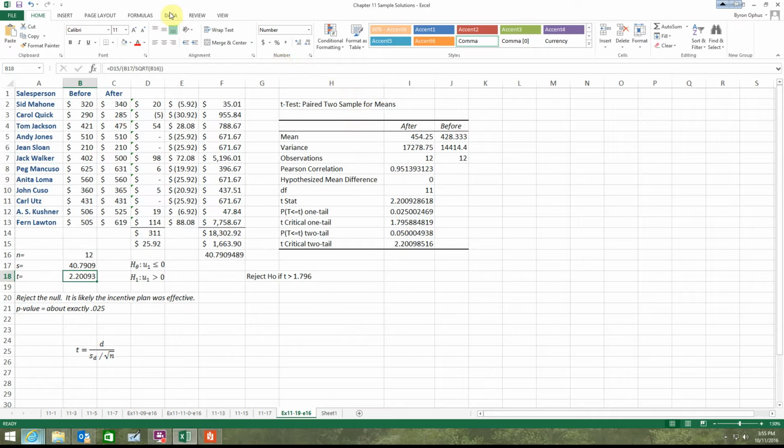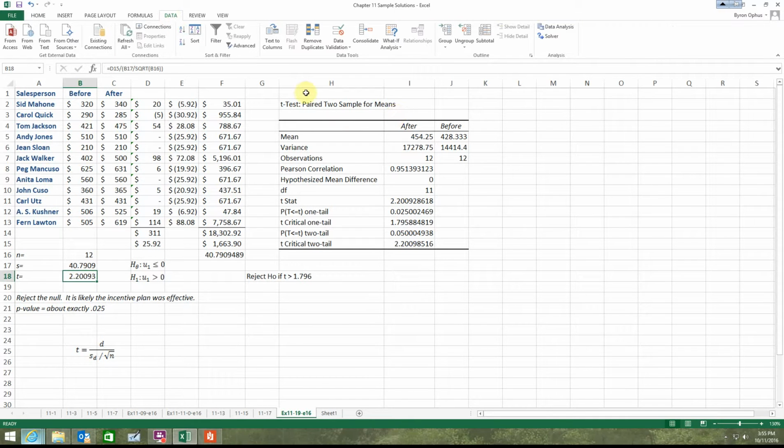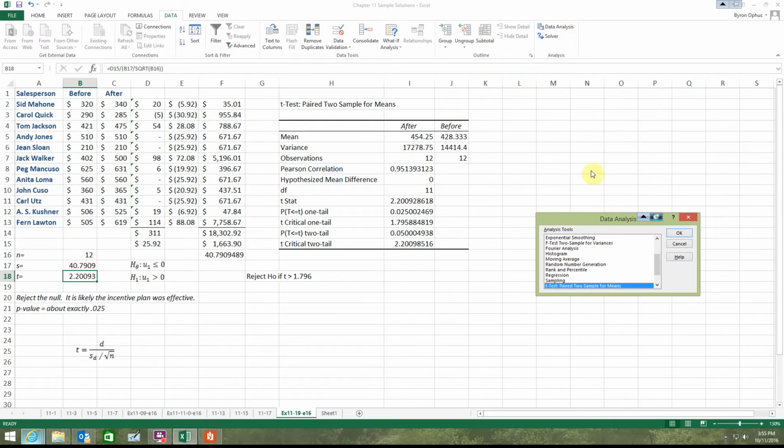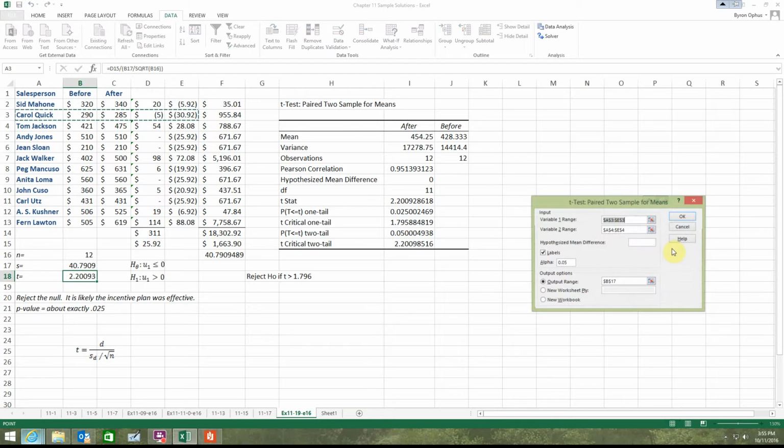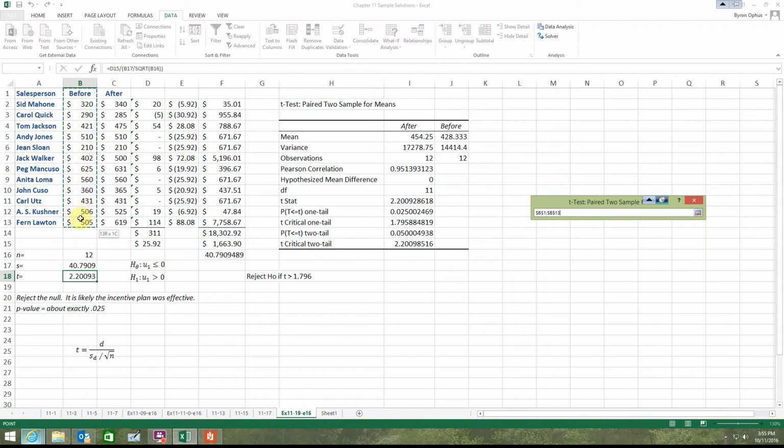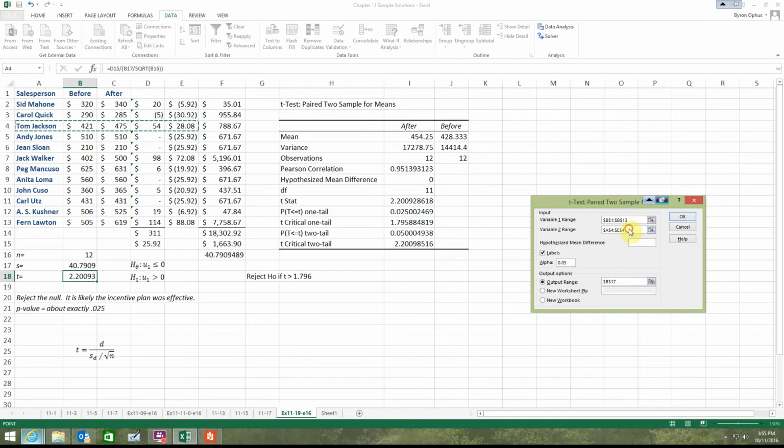And guess what? I can do the t-test also paired for two sample means, just like I did before. And that turns out to be here. And again, to show you how to do that, I leave this one up here so I know if I did it right or not. Data analysis, t-test paired, two sample for means, okay. My variable range 1 is going to be here, and my variable range 2 is there.